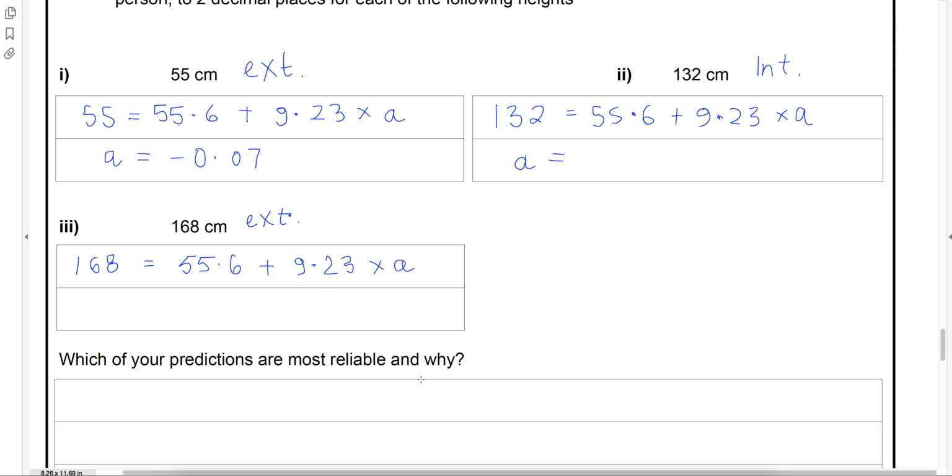Okie dokie. Now we're plugged in. Now I can relax. Okay, so I'm going to solve that and I'm just going to copy down and change my 55 that I had before. I'm going to change that to 132 and I got 8.28 to 2 decimal places.